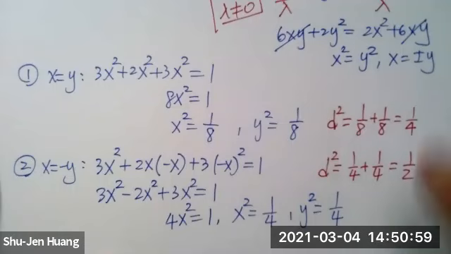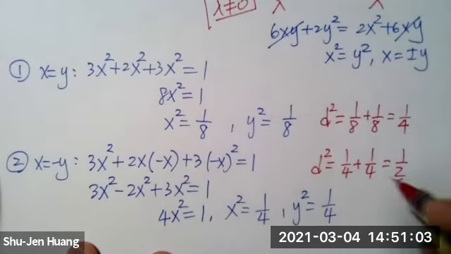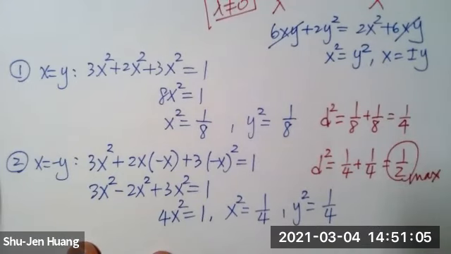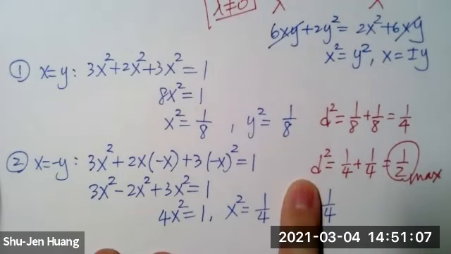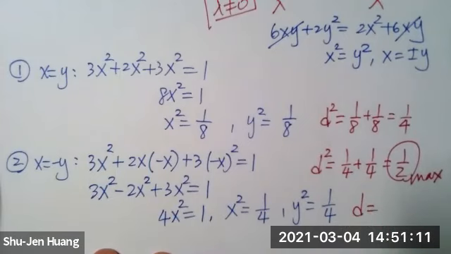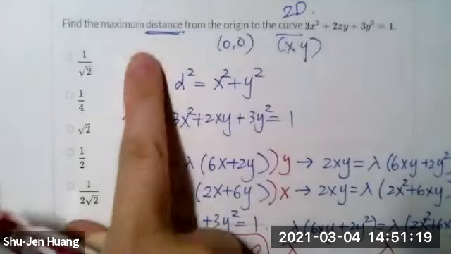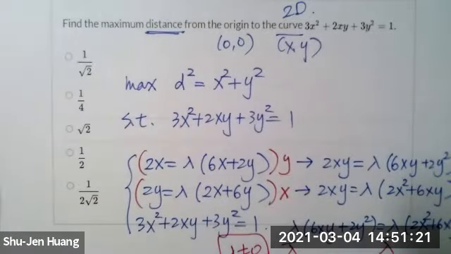Okay, and which number gives us the maximum? 1/4 and 1/2. So you can see this is the maximum. However, this is distance squared. So what's the distance? Can you tell me what's the distance? If distance squared is 1/2, then you just need to take the square root, right? Okay, so that would be 1 over square root 2. Because the question is asking the distance, not distance squared.